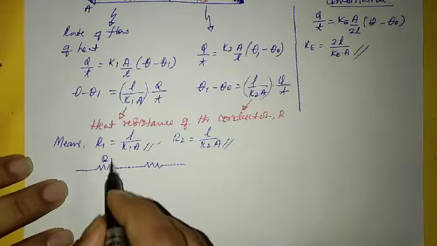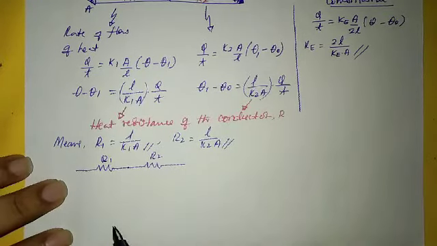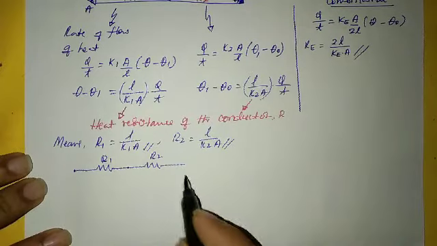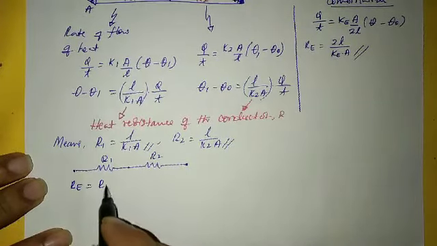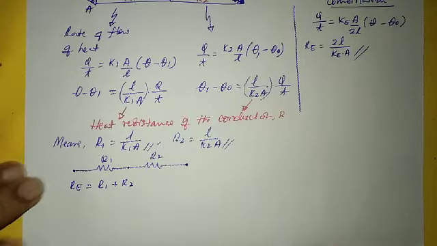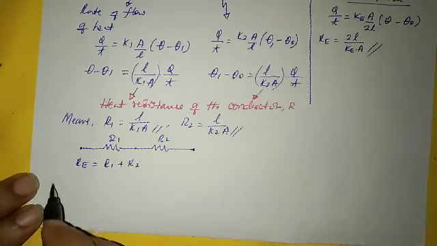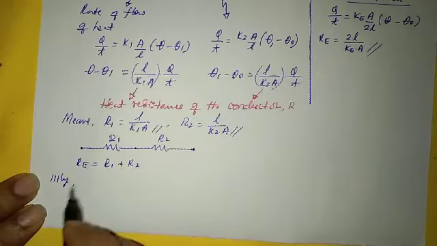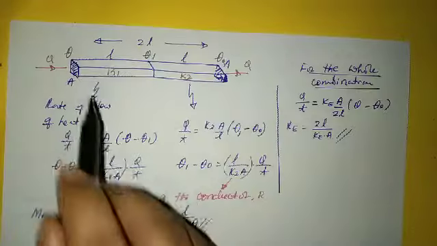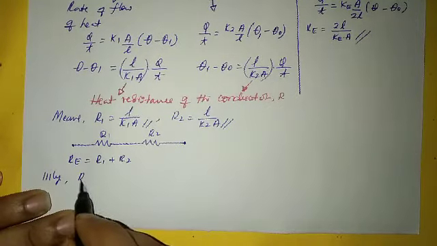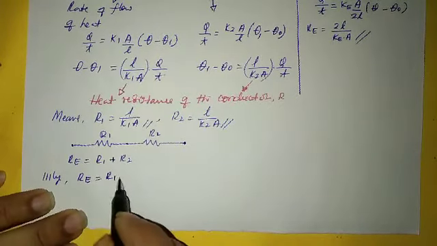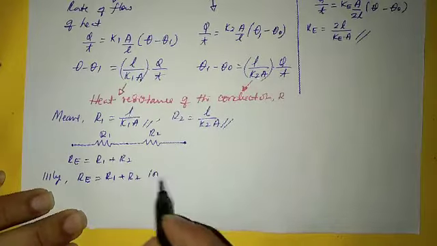This is the first resistor and this is the second resistor. How do we write the effective resistance between the ends? The effective resistance is R1 plus R2. Similarly, in heat we also consider the same, that is RE is equal to R1 plus R2.